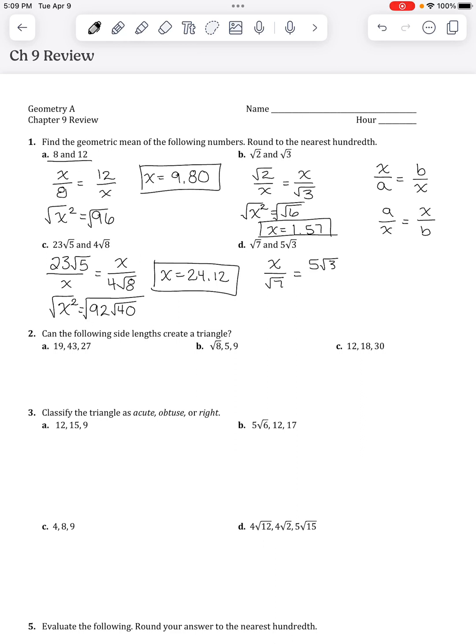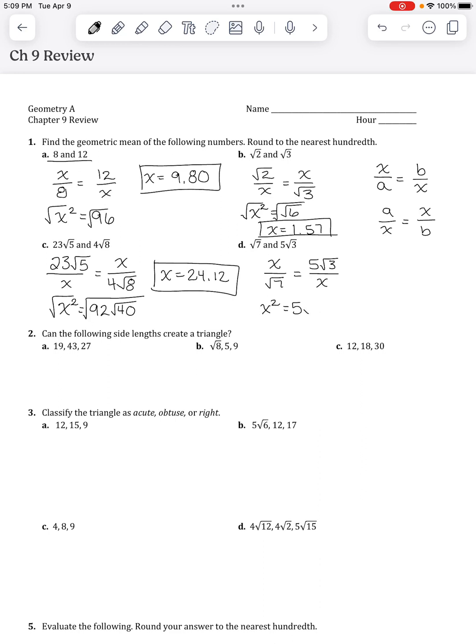Last but not least, x over square root of 7 equals 5 square roots of 3 over x. Honestly, at this point, I hope that if you're watching this piece still, you're really just watching because of the challenge of this individual problem. I hope that watching the first few makes sense for you to finish the rest. That's essentially the goal throughout this.